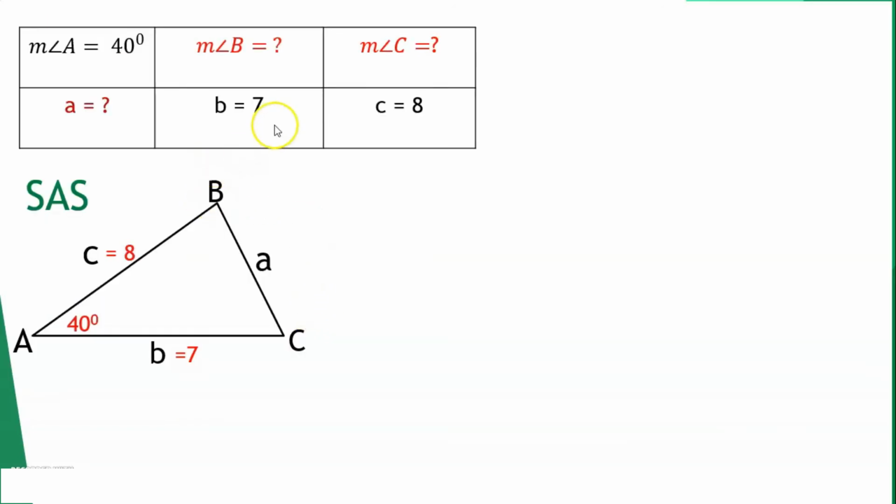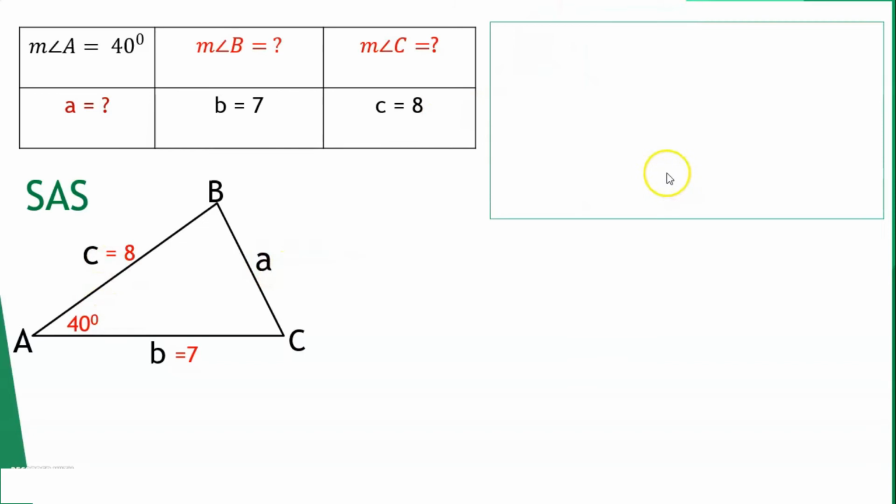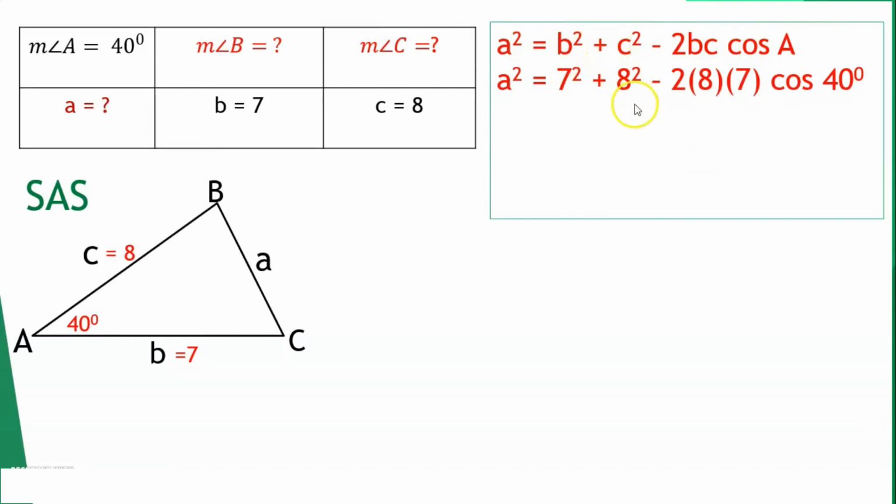Okay, given this triangle here, we have angle A that measures 40 degrees, side b is 7, side c is 8. So find the rest of the missing properties of the triangle. With this, we will solve for a. Making use of the law of cosines formula, we will have this. Let's substitute: our b is 7, our c is 8, and angle A is 40 degrees.